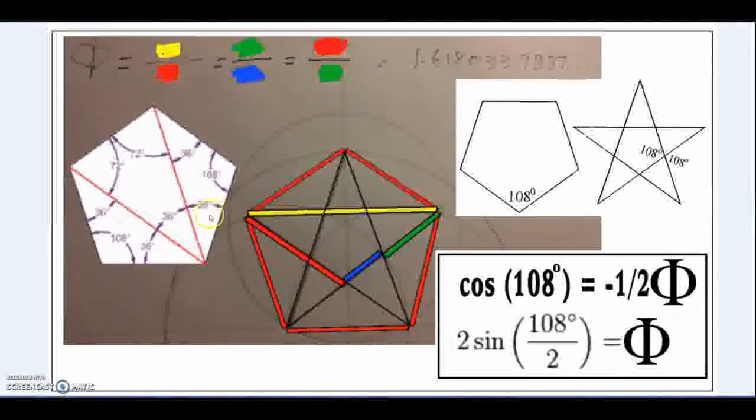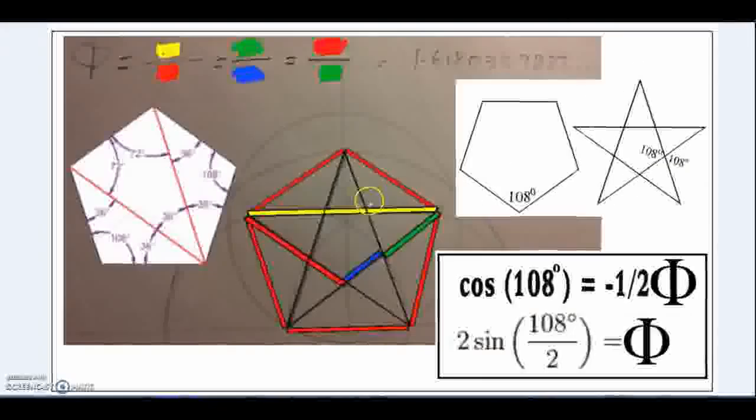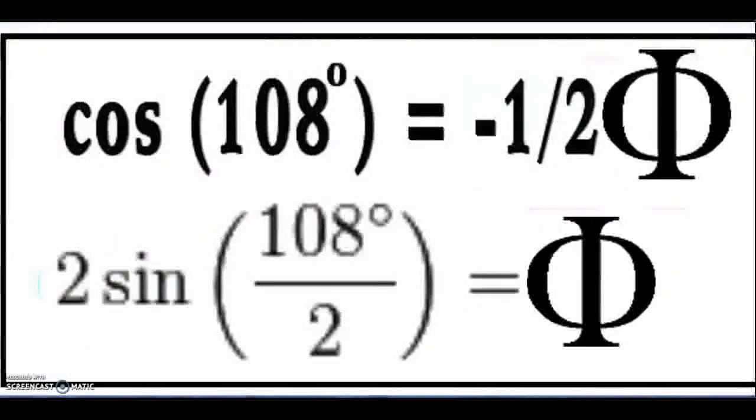The pentagon and pentagram, so 108 degrees: you'll find that one of the key defining angles of the pentagon and pentagram is 108, but the pentagon and pentagram also relate to phi, or the golden number, the divine proportion. Even in trig, you'll see how this connects to phi, the golden number.